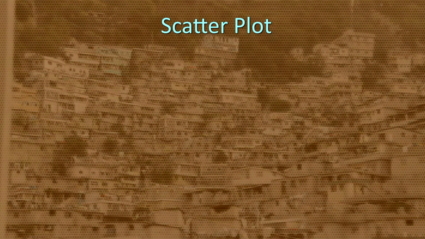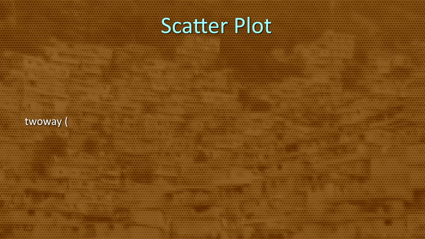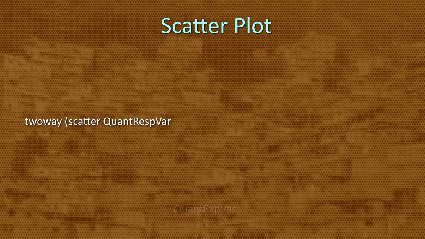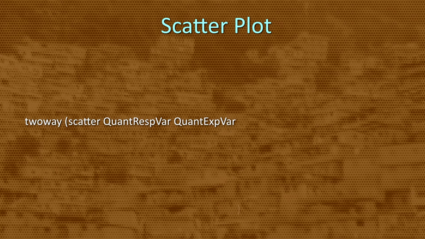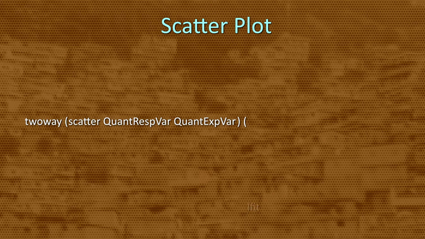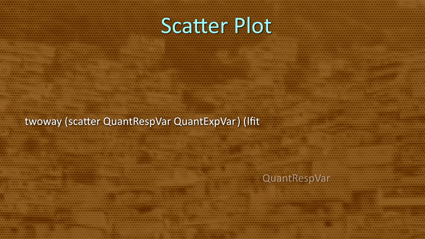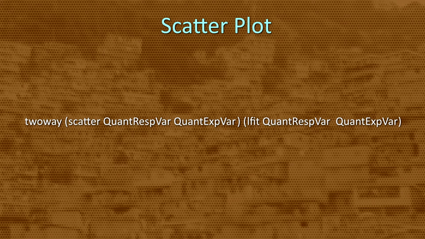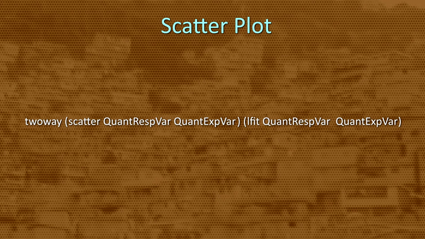Stata provides scatterplots in response to the twoway command. The code template is twoway, parens, scatter, quantitative response variable, quantitative explanatory variable, close parens, parens lfit, quantitative response variable, quantitative explanatory variable, close parens.